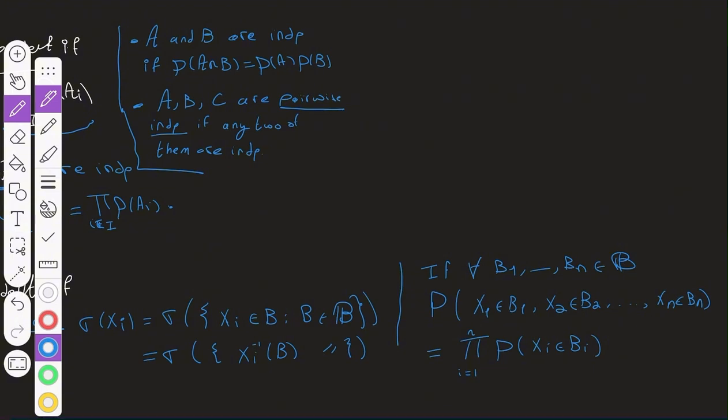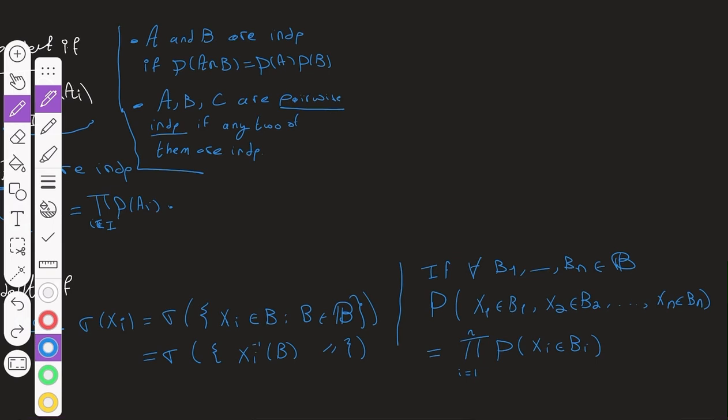And notice here that we can basically take the bi's to be R itself, in which case this set is just the full set omega, and hence we know that the probability of omega is 1. So this generalizes; there's no need to look at sub-indices or subsets of the indices. Let me say this one more time.